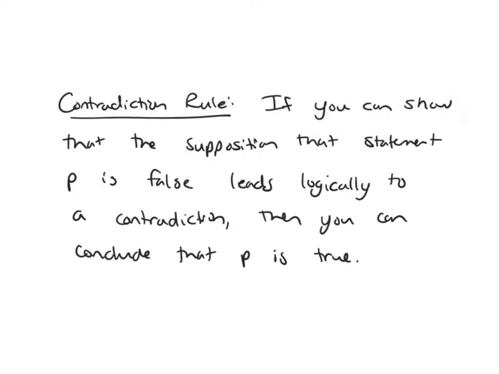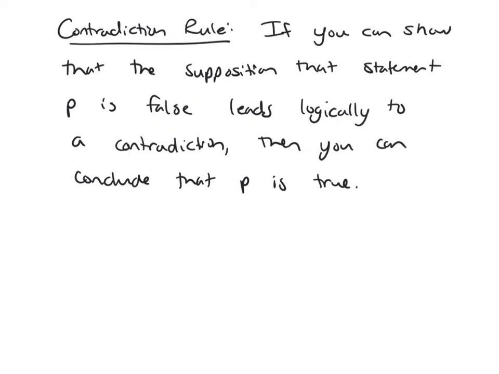So one way you could do that is you suppose that it's false, and if you get a contradiction, that means that P was actually true. So let's show this contradiction rule using a valid argument.